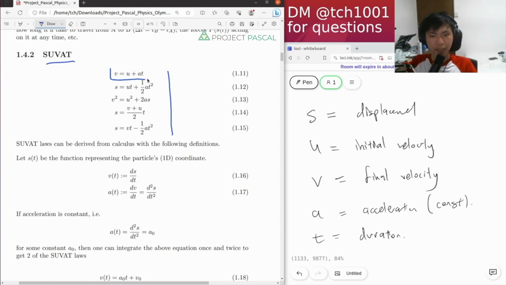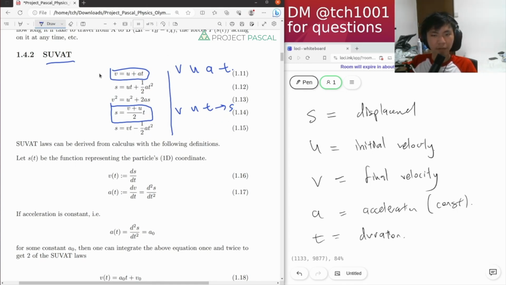So for example, in the first one, we have variables v, u, a, and t. Now, because we have one equation relating these 4 variables, that means that if we know any 3 of them, for example, if I know v, a, and t, then I can find u. Or for example, if we look at the 4th equation over here, if I know v, u, and t, then I can find s. So out of these 5 equations, if we know any 3 variables, we can find the other 2 that are unknown.